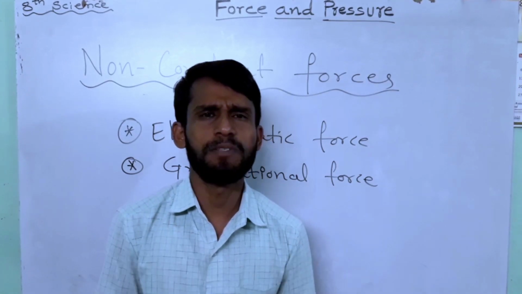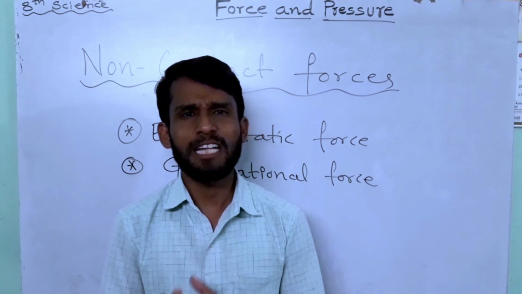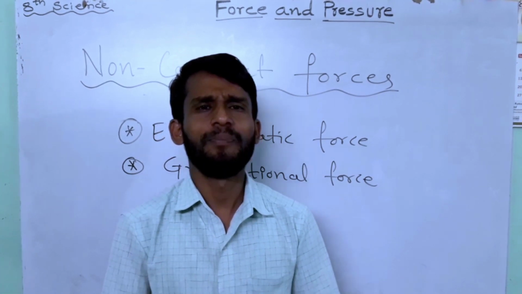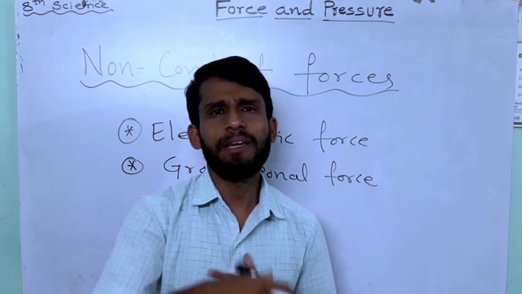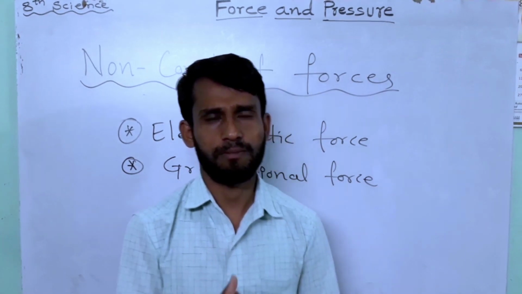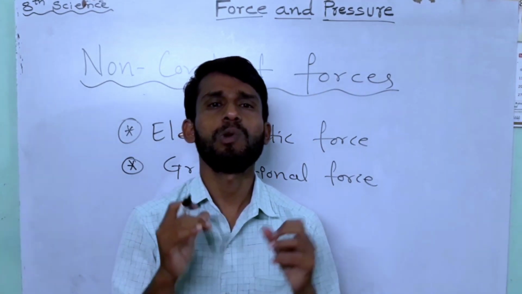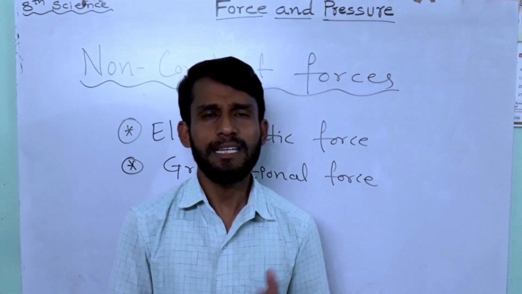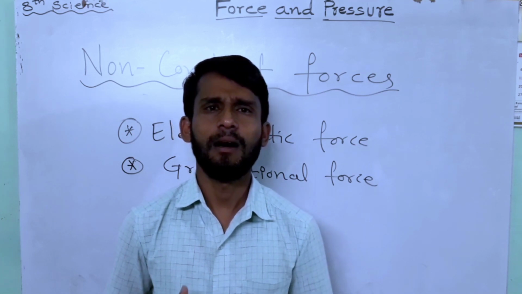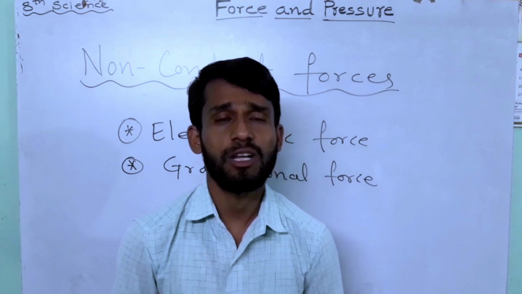When you are playing cricket and the batsman hits the ball, it comes downward again because of the gravitational force. When you are playing football and you throw the football, it also moves downward because of the gravitational force.